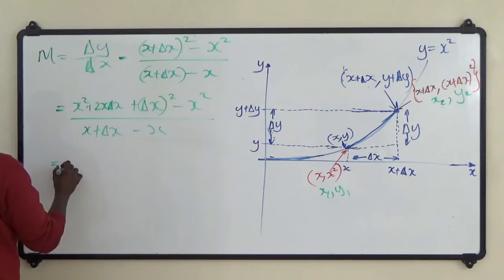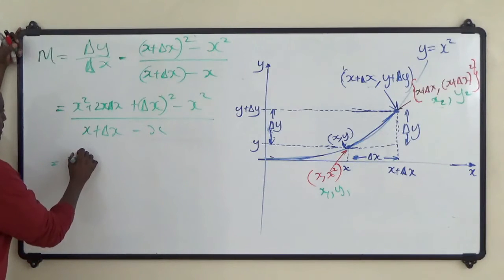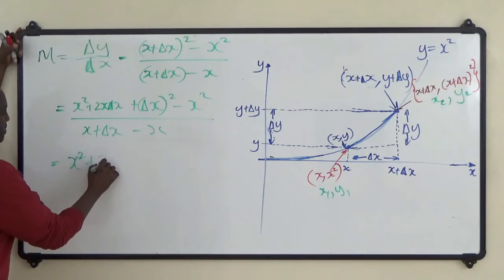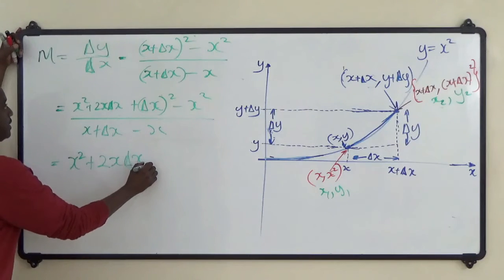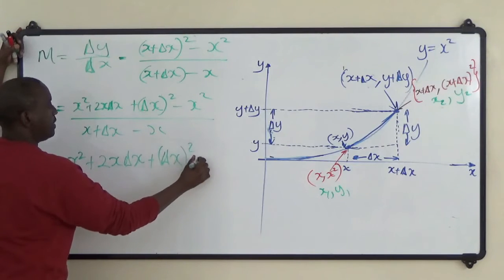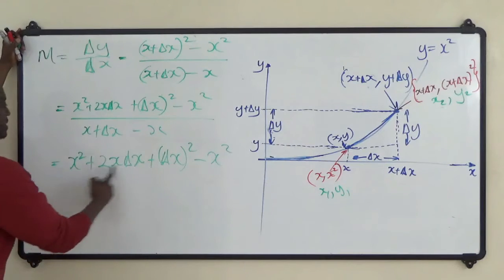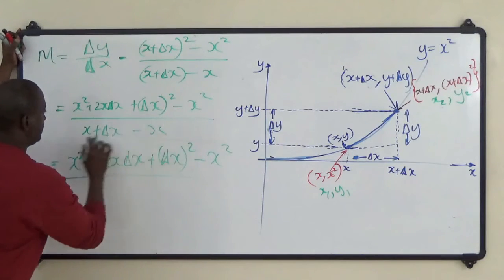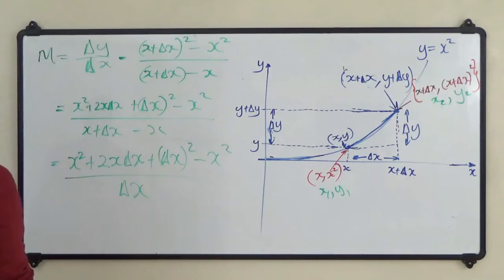So it will be x squared plus 2x delta x plus delta x squared minus x squared. The x squares will cancel out. All over x will cancel out. All over delta x. Alright?